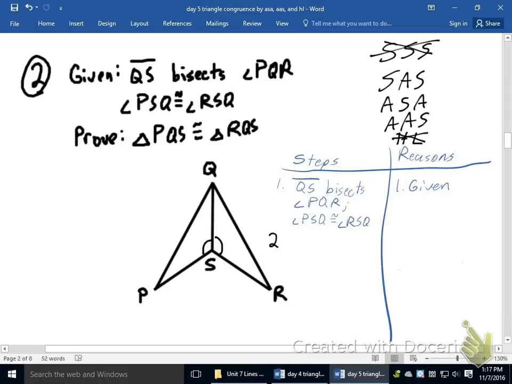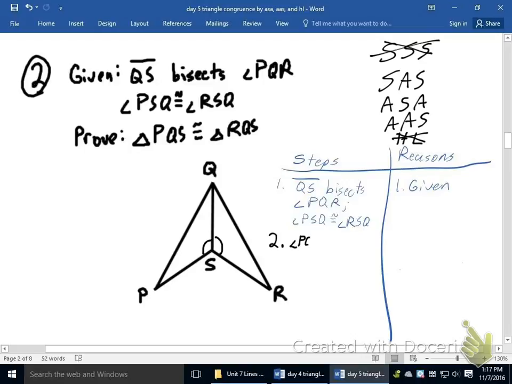There was another piece of information in the given, and it was that segment QS bisects angle PQR. So when I look at angle PQR, it's getting bisected. So it's getting split into two congruent angles. So angle PQS is congruent to angle RQS. And I'm going to make that my statement 2.